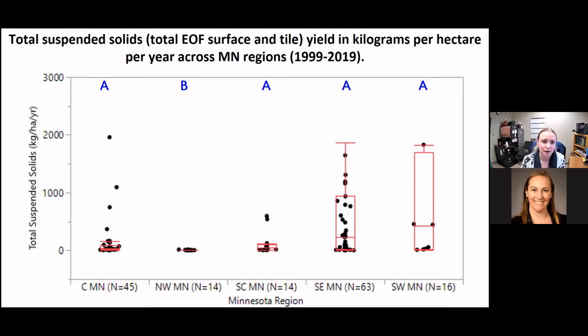And there's a similar thing going on here where Northwest Minnesota data is looking pretty clustered and pretty low, and yes, it is statistically different according to the Dunn method for joint ranking of the difference between all these regions. And then we do see Southeast Minnesota does have high total suspended solids here as well, but it's not statistically different from the rest of the data.